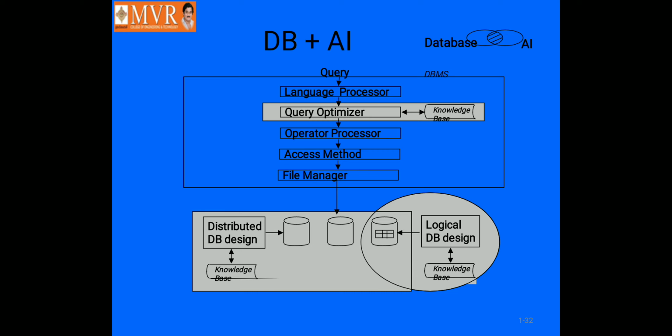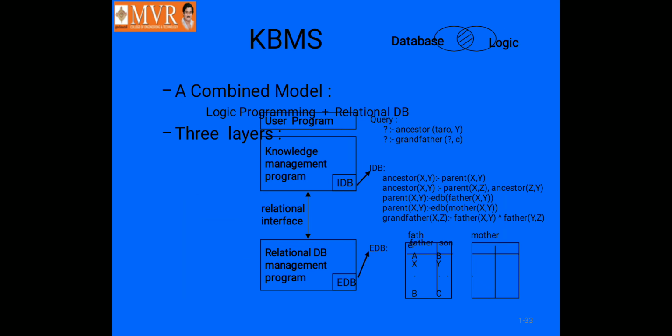In the diagram below we see the logical database design and knowledge base. There we use artificial intelligence so that it optimizes the query knowledge, and they can get the knowledge faster for the user.